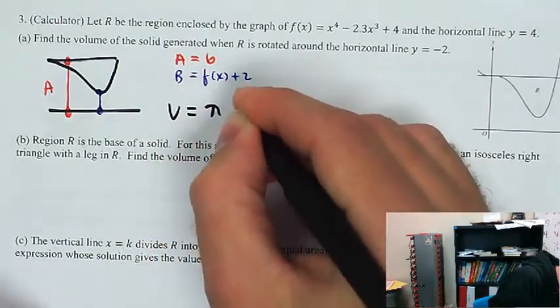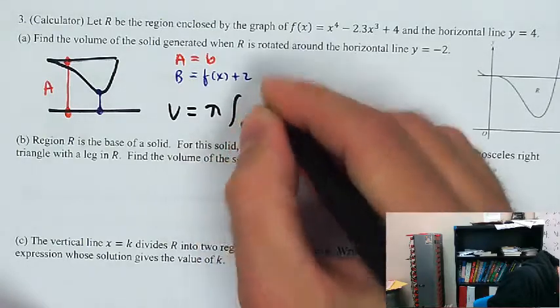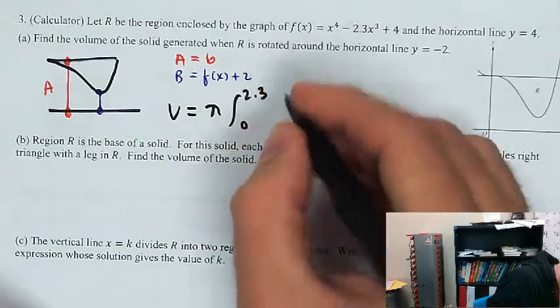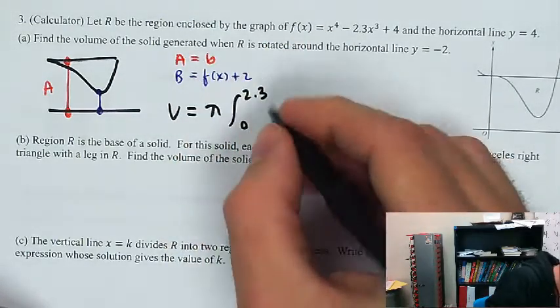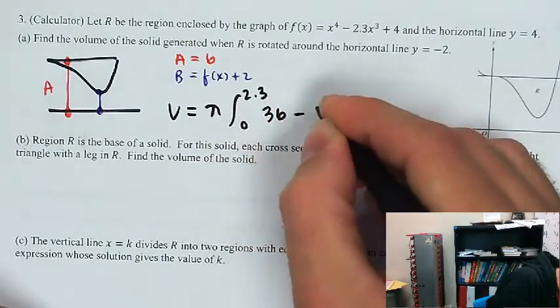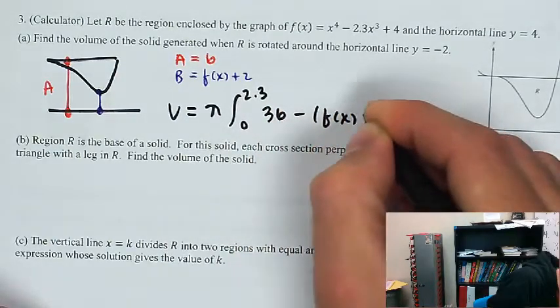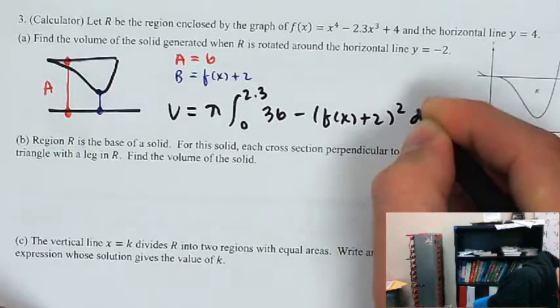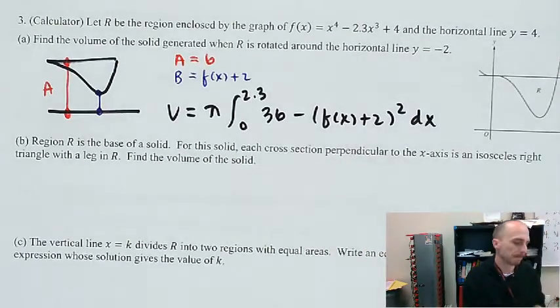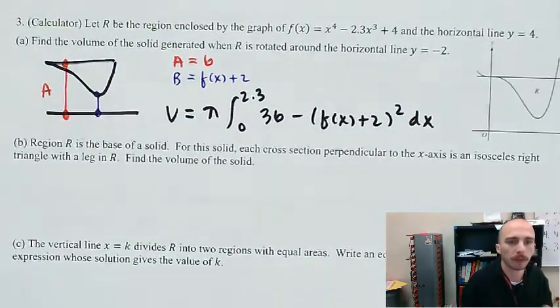So the volume is going to be pi times the integral as x runs from 0 to 2.3 of a squared minus b squared: 36 minus f of x plus 2 squared. And that's going to be the setup.